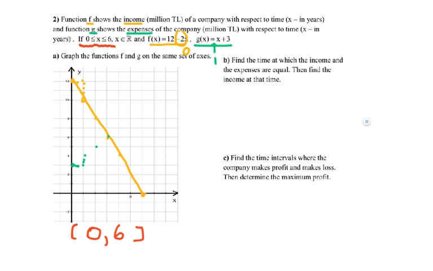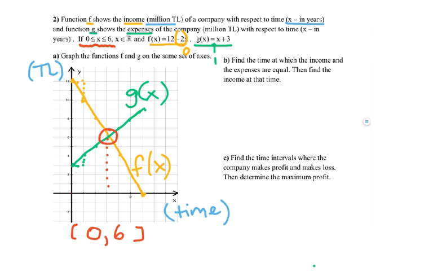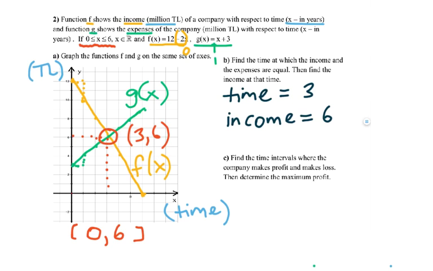So for us to find the time where the income and expenses are equal, we should look here at the point of intersection, and we can see here the x value will be 3. So the x coordinate comes first, and then the y value 6. So the time is 3, and the millions of Turkish lira will be 6. We should also remember to include the units here, so that the time was in years, we see here, 3 years. And the income was in millions of liras, so 6 million Turkish lira.